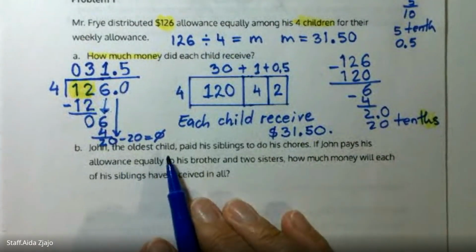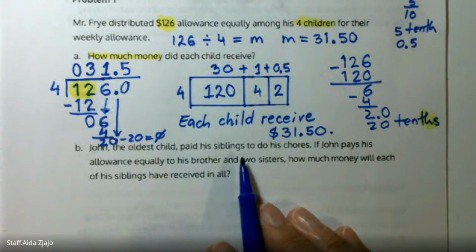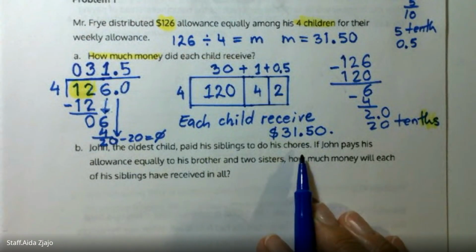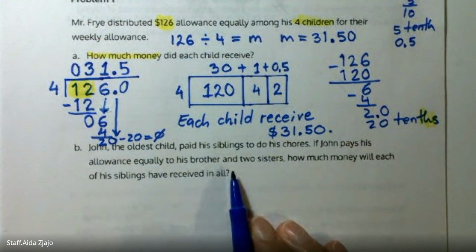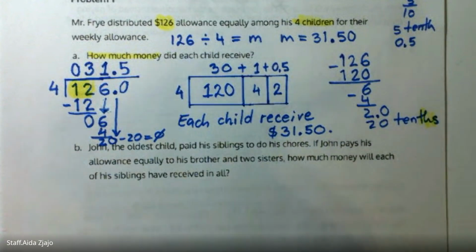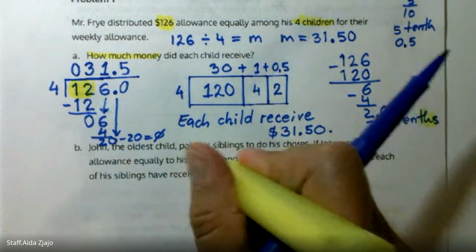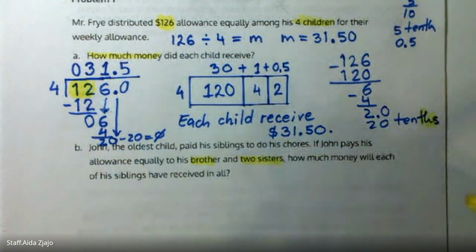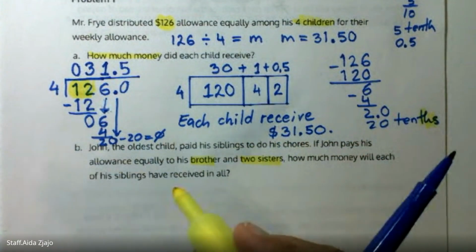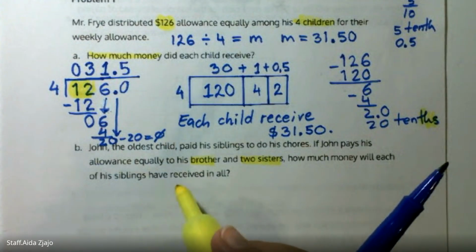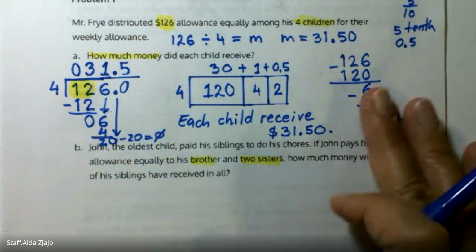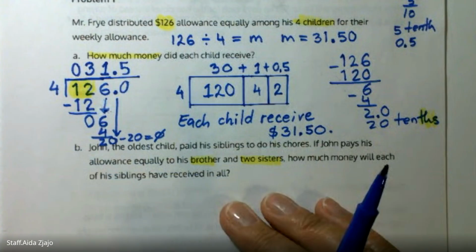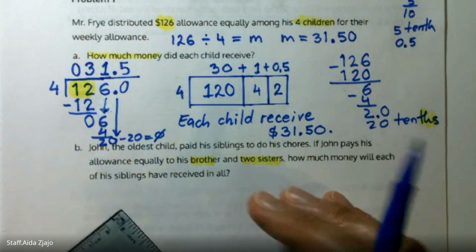John, the oldest child, paid his siblings to do his chores. If John pays his allowance equally to his brother and two sisters, which is 3 kids, how much money will each of his siblings have received in all? So he gave all this money to his 3 siblings.